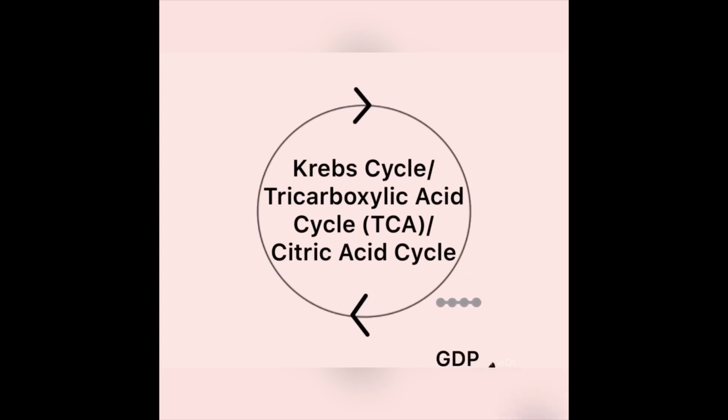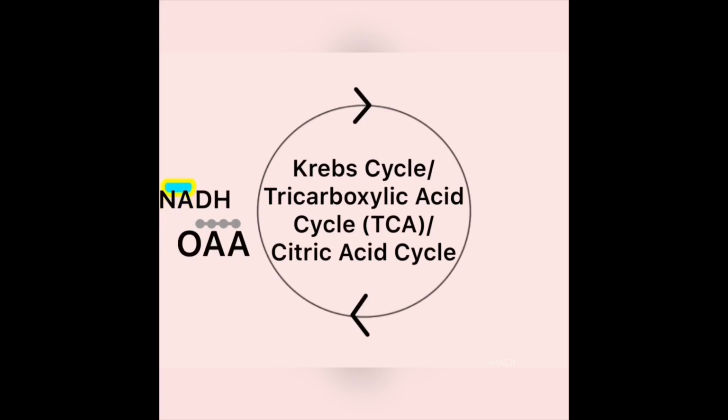Next, a molecule extremely similar to ATP called GTP is formed through oxidative phosphorylation. GDP binds to succinyl-CoA and turns into GTP, and turns succinyl-CoA into succinate. Then FAD binds to succinate and turns into FADH2, turning succinate into fumarate. Fumarate then turns to malate with the help of the enzyme fumarase.